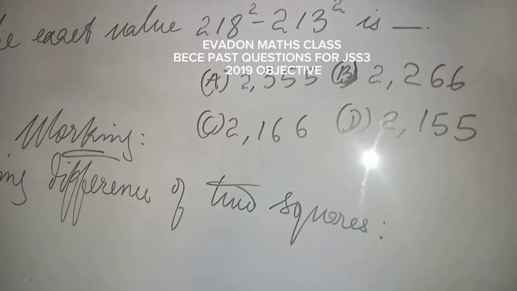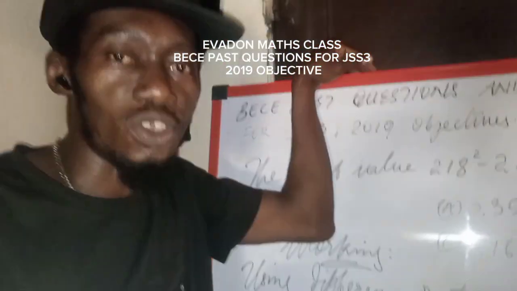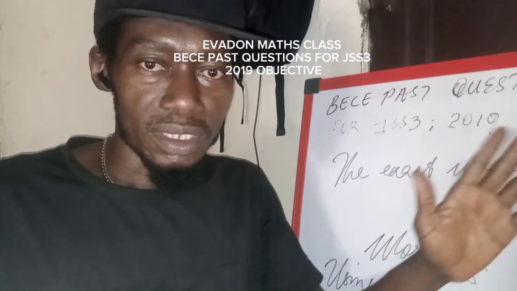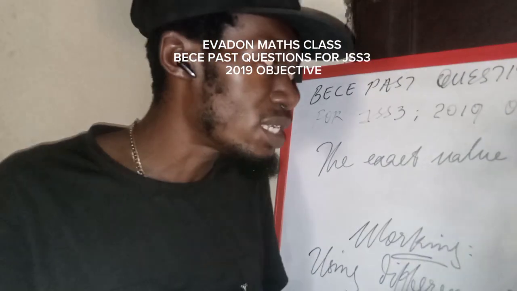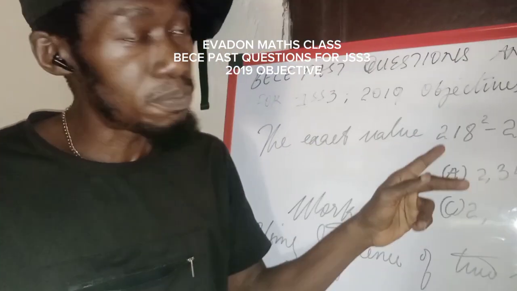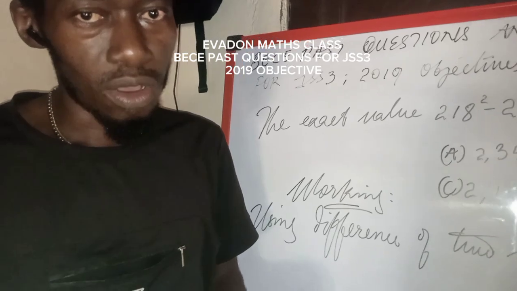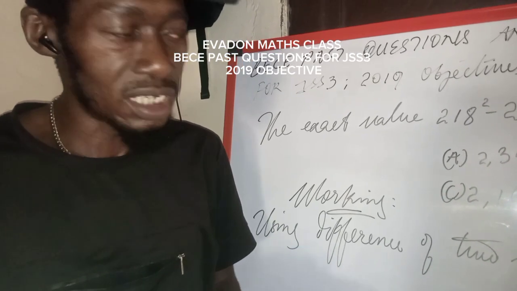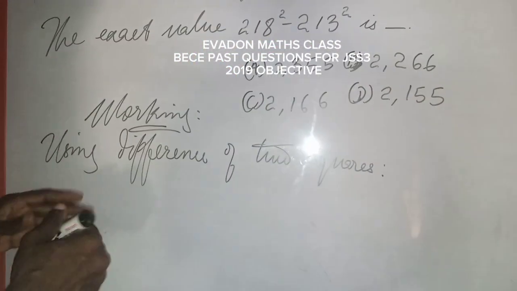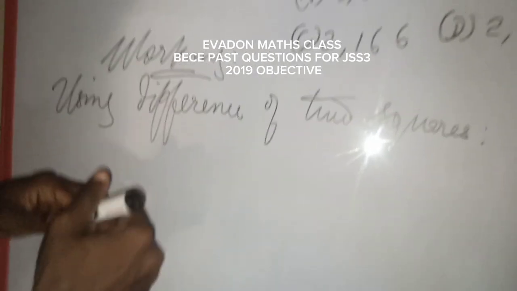Difference of two squares is when two perfect squares subtract each other, and the result is the product of their sum and their difference, or the product of their difference and their sum.